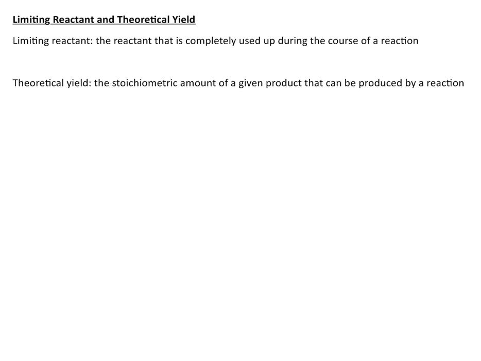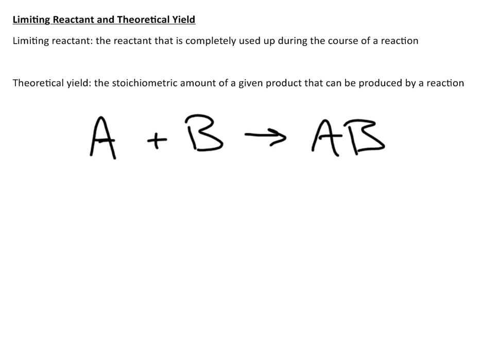Now, we have to toss off a misconception that many of you may be wondering about. Here's substance A and substance B, and it's going to form substance AB in this synthesis reaction.